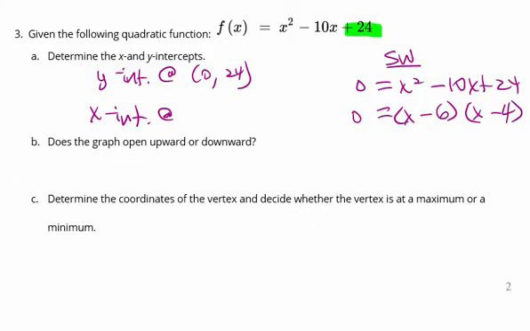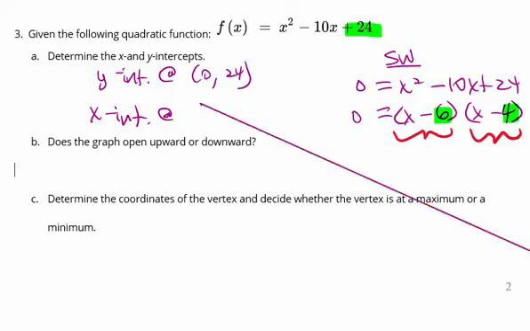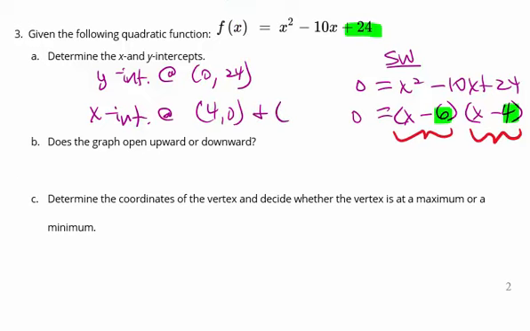And therefore we can see what these x-intercepts are, that they're really 6 and 4. And you can go one step further, set each of the factors equal to 0. So you could set x minus 6 equal to 0 and solve, and then x minus 4 equal to 0 if you need to. So x-intercepts are at 4 comma 0, and then 6 comma 0. If you don't want to do anything by hand, that's okay.